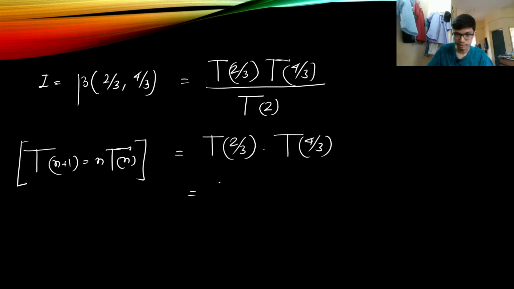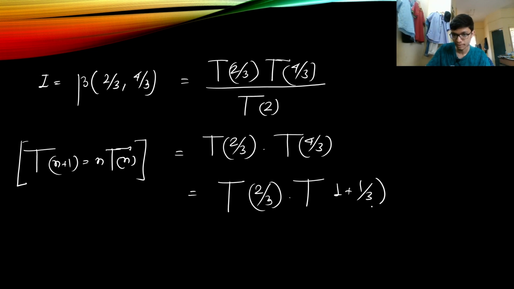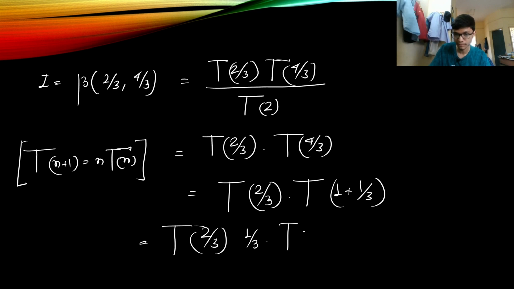From there, gamma of 4 by 3 can be written as gamma of 1 plus 1 by 3. So this is gamma of 2 by 3 into 1 by 3 multiplied with gamma of 1 by 3.